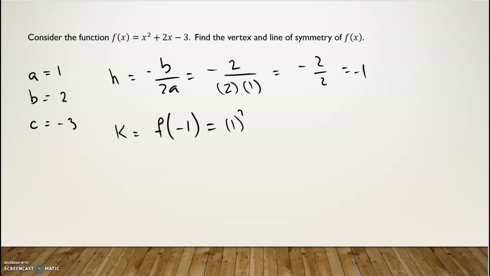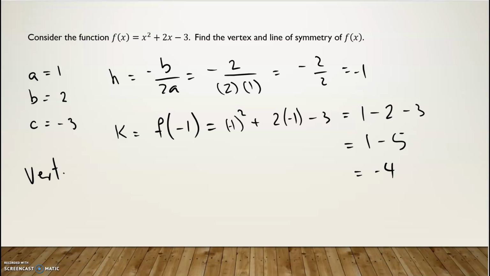So negative 1 squared plus 2 times negative 1 minus 3. Negative 1 times negative 1 is 1, minus 2, minus 3, so 1 minus 5, or negative 4. Okay, so our vertex is negative 1, negative 4.